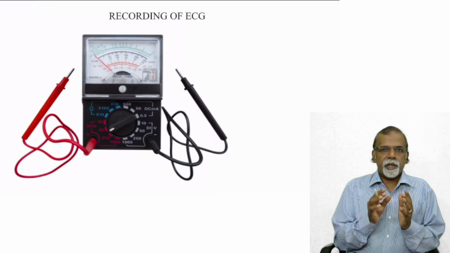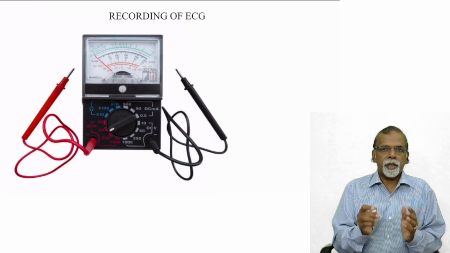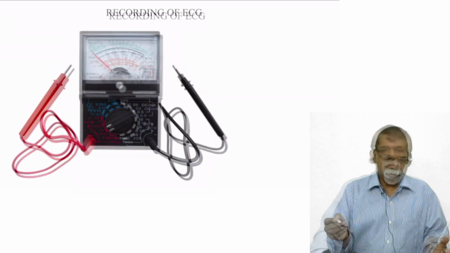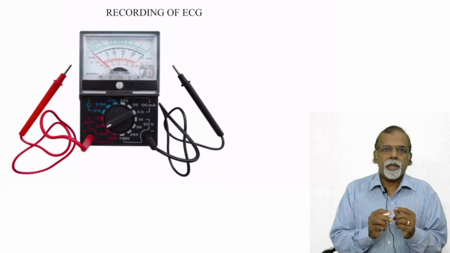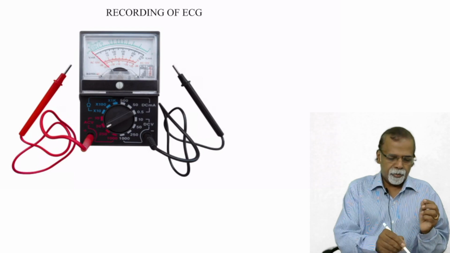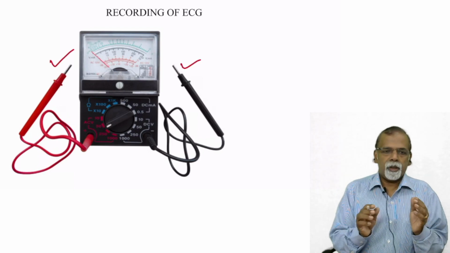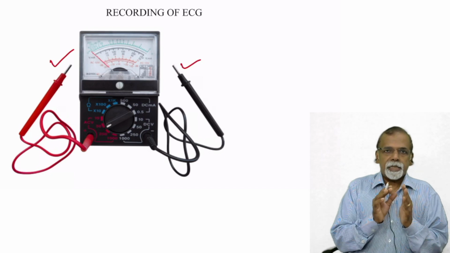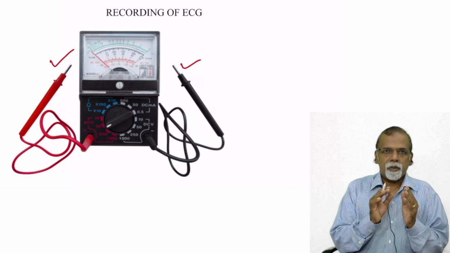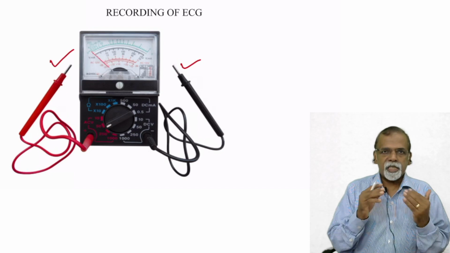A galvanometer has got a positive pole and a negative pole. The positive pole is considered as the recording or the exploring electrode.